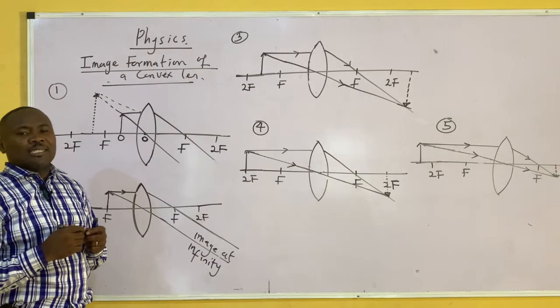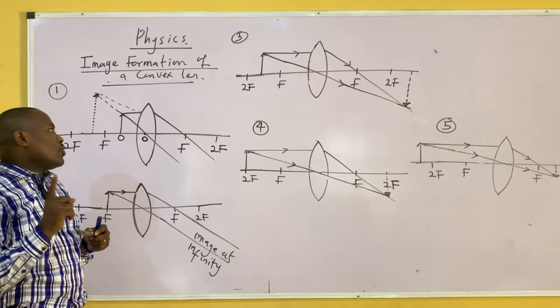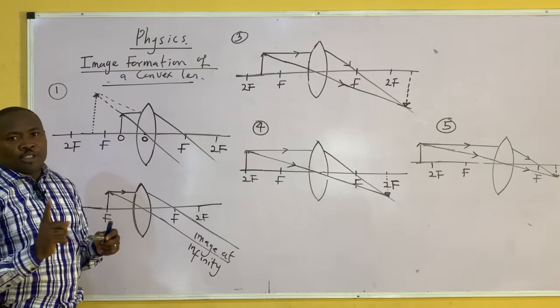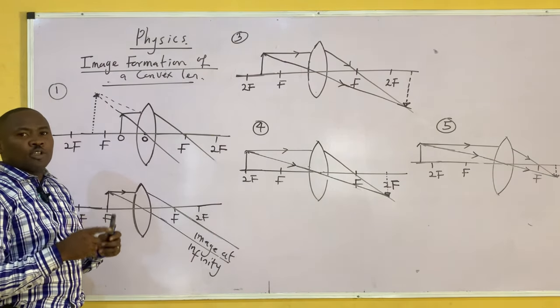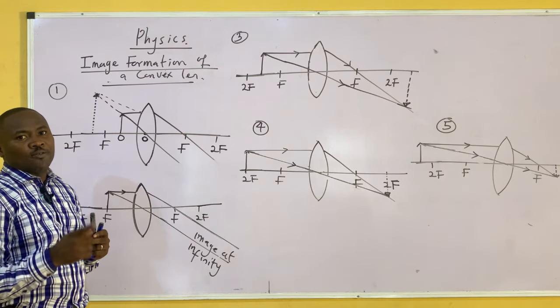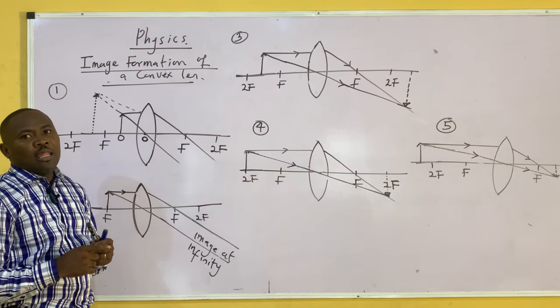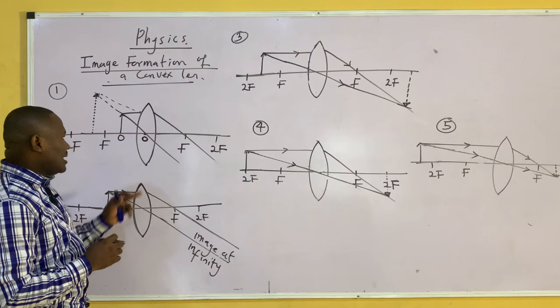Take note, the center of the lens is called the optical center, and that's the point in the lens where light passes through undeviated. We have such in a mirror also. There is a point in the mirror where light passes undeviated. That part is called the center of curvature.